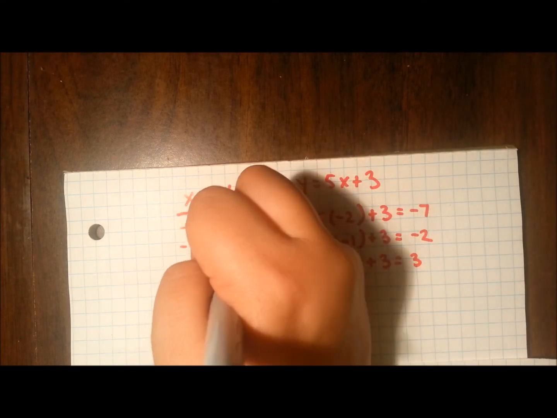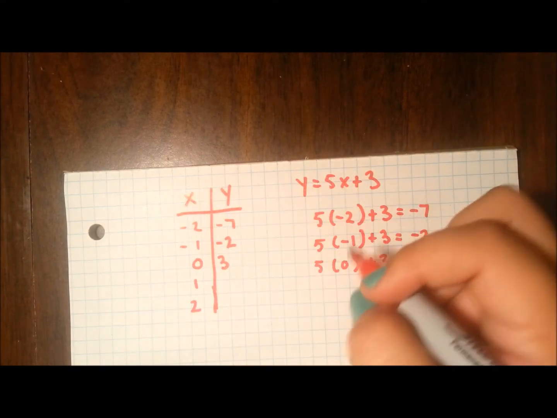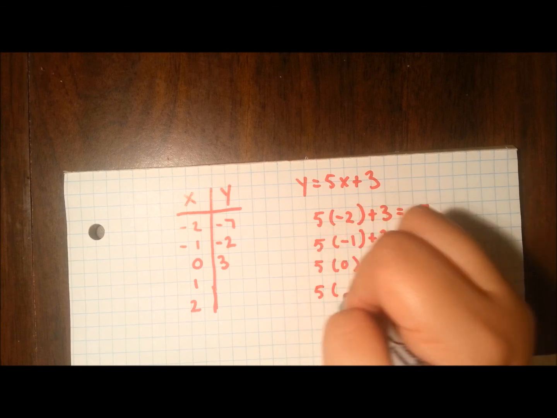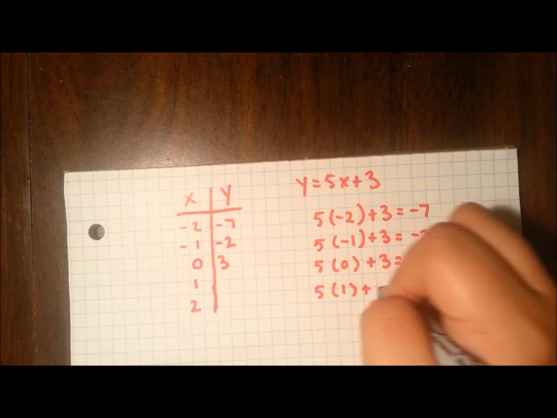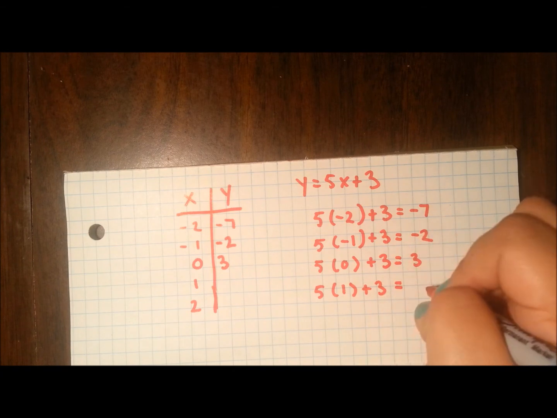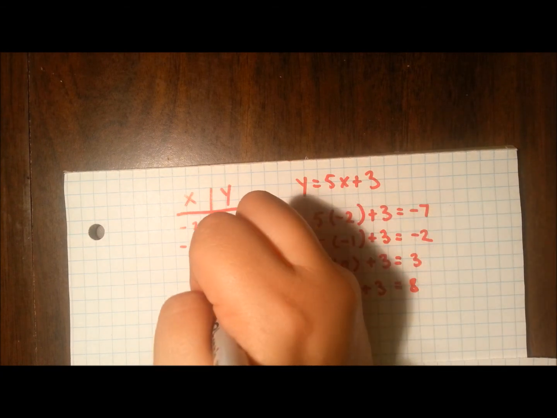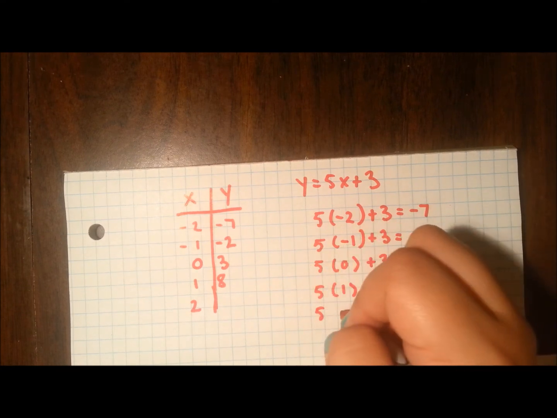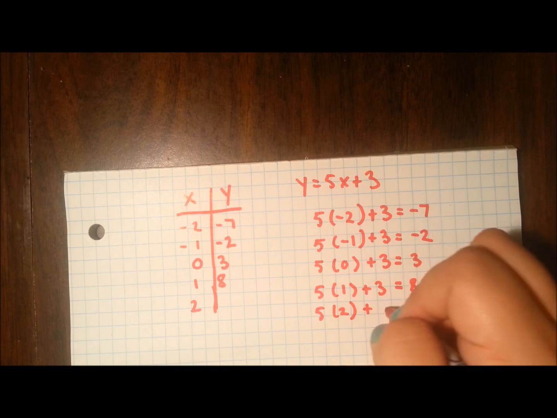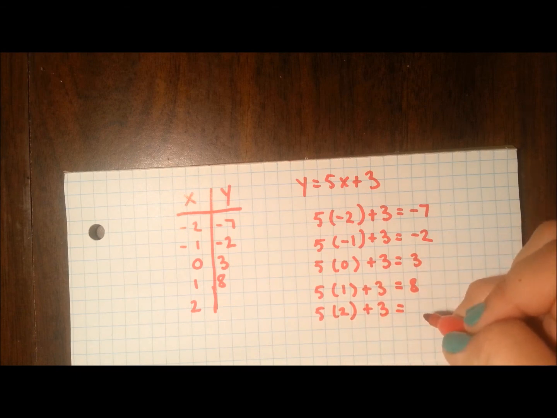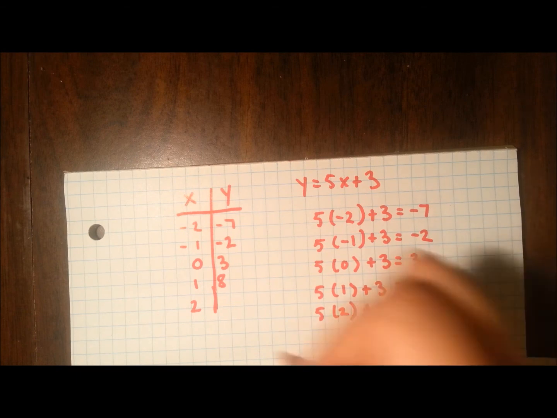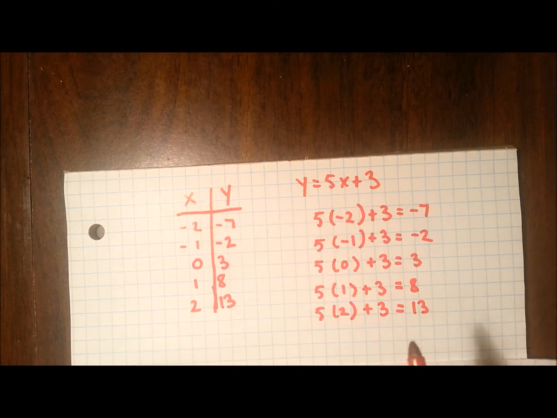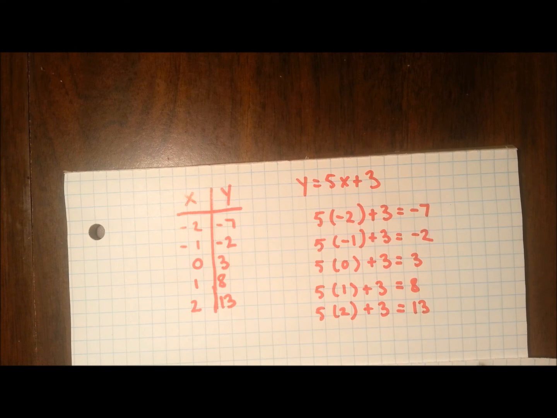Then you plug that into your t-chart and continue with that. These are going to be the points that we're going to use to plot this equation onto a graph, to make a line graph.